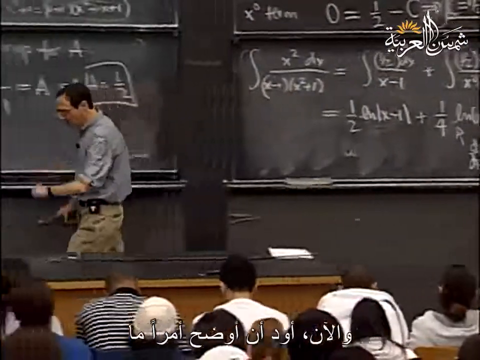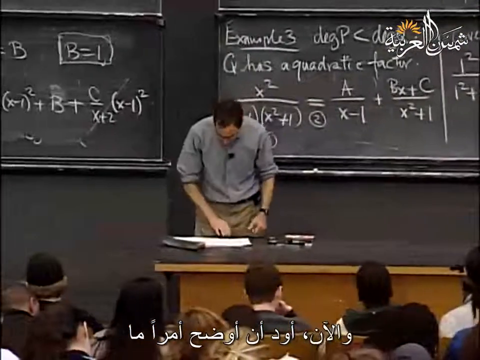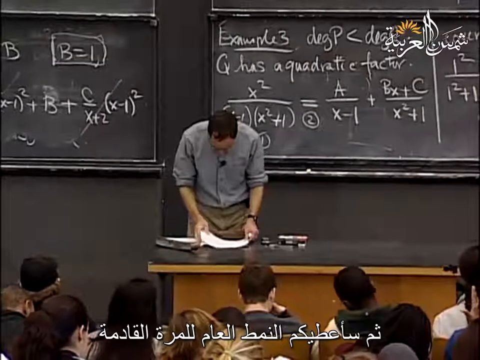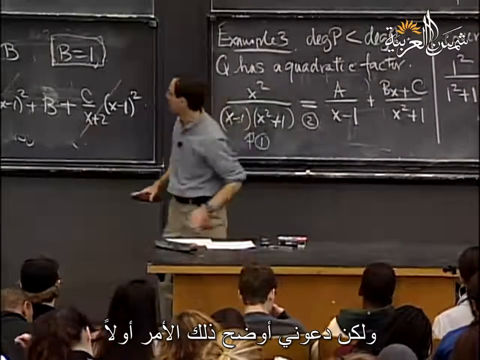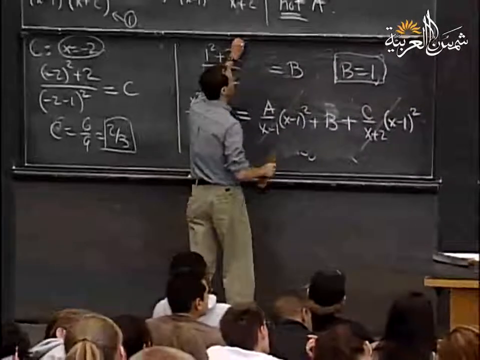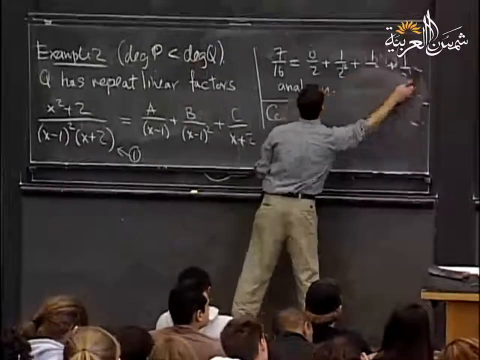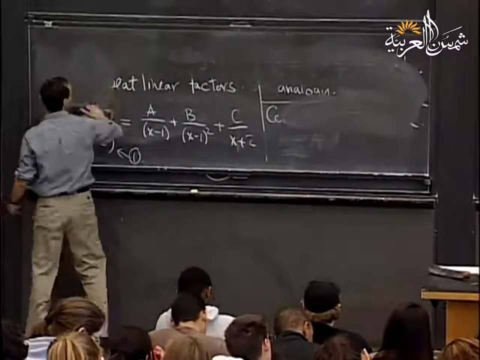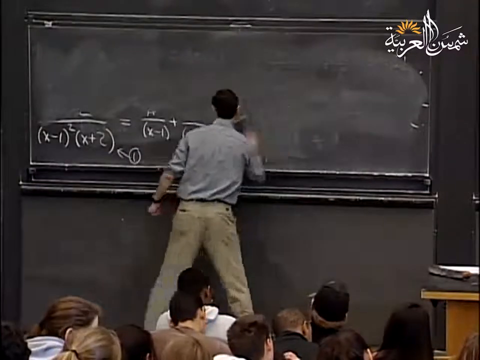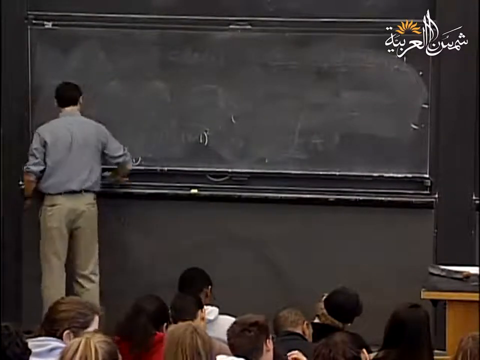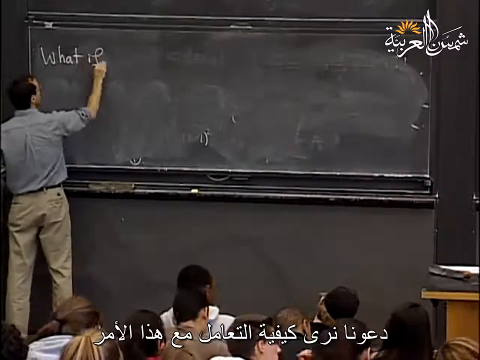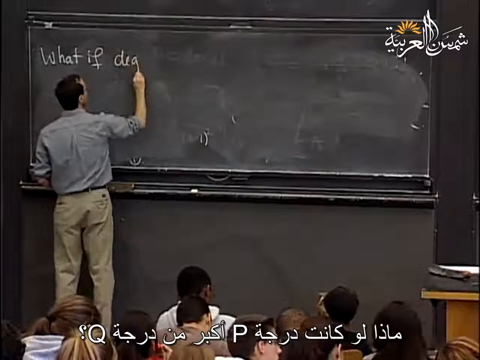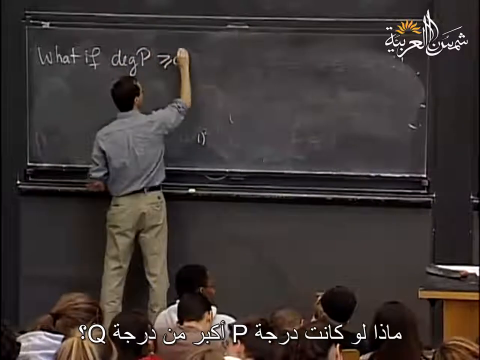All right. Now, I've got to get you out of one more deep hole, and I'm going to save the general pattern for next time, but I do want to clarify one thing. So let's handle this thing. What if the degree of P is bigger than or equal to the degree of Q?